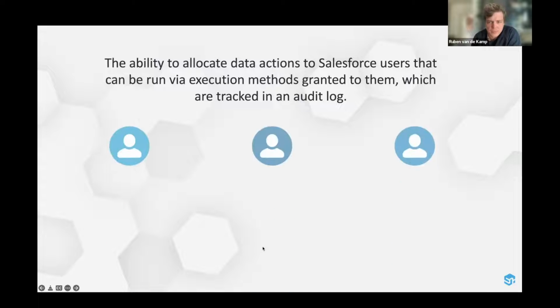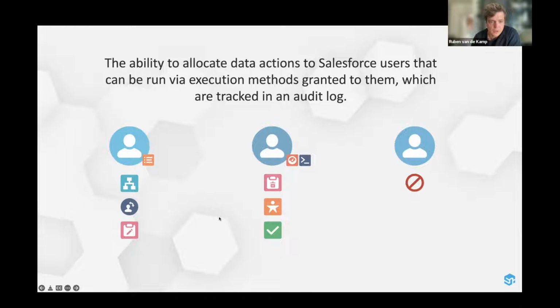And that basically means that you have the ability to, for example, you see 3 users here, decide that user A has access to the account hierarchy and the ownership and the mass update action. User B has access to 3 different actions, and user C is not able to access the platform at all. So that's also what the platform is. You decide yourself who has access to what as a Salesforce administrator.